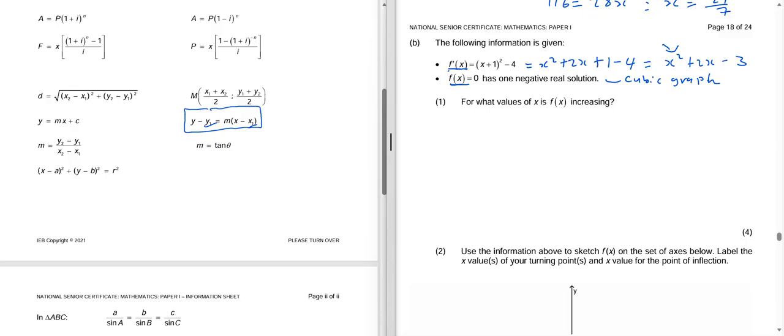And is there anything we need so far? So let's leave it like that. So that is what we can deduce. We are trying to see whatever we can do. And then the question now is asking, for what values of x is f of x increasing?